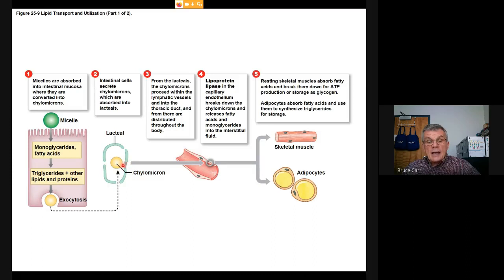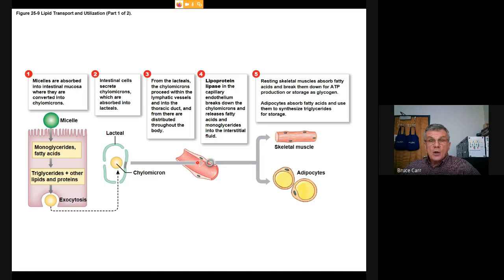This is called a chylomicron. It is reduced in size, and the chylomicron is going to be transported through the lymph system and delivered to the blood. So it provides a really constant supply.